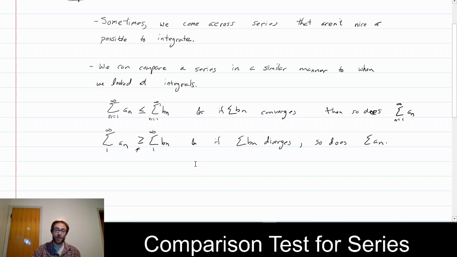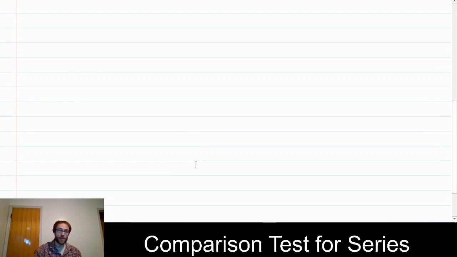Okay, so let's jump right in with an example. Let's look at the sum as n goes from 1 to infinity of 1 over 4 to the n plus n. Now let's do some pre-analysis to figure out what we want to compare it to. As we go out towards infinity, we're going really far out.